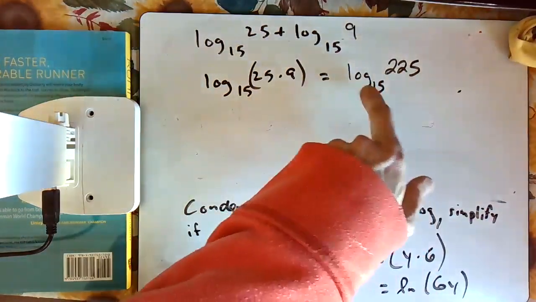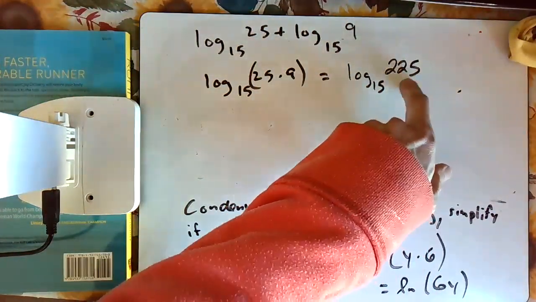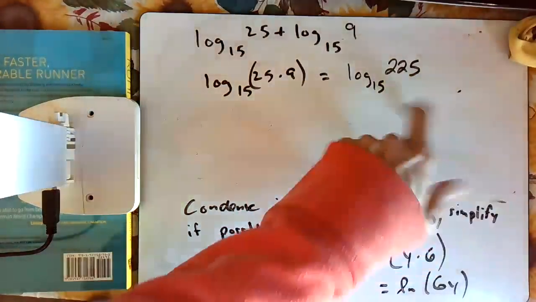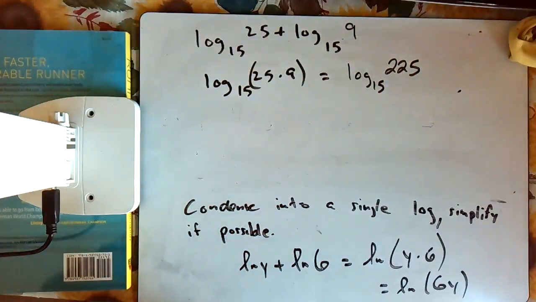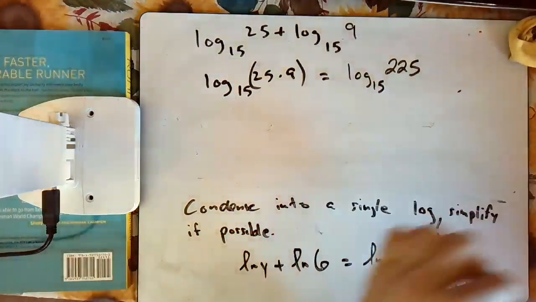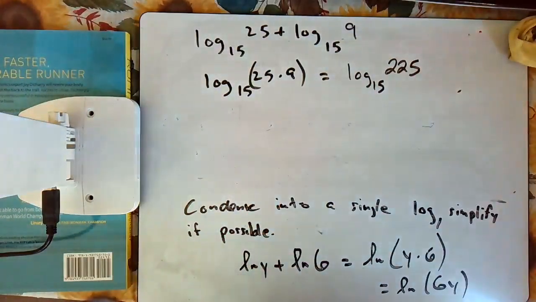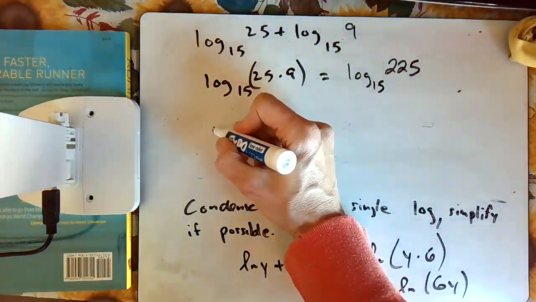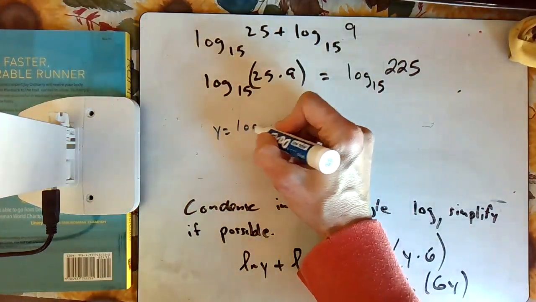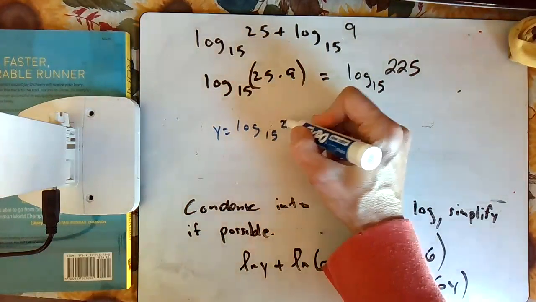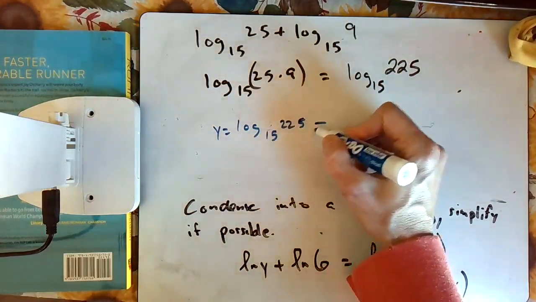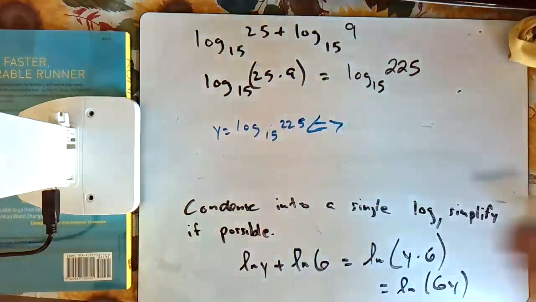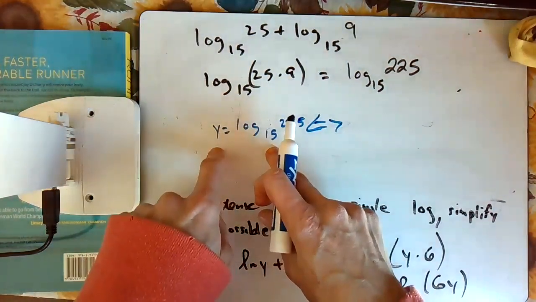So now we have log base 15 of 225. Does that equal something nice? Can we simplify that right there? Remember, how do we do that? We're going to convert that into exponential form. If we have y equals log base 15 of 225, what is that equivalent to in exponential form? b to the y equals x.